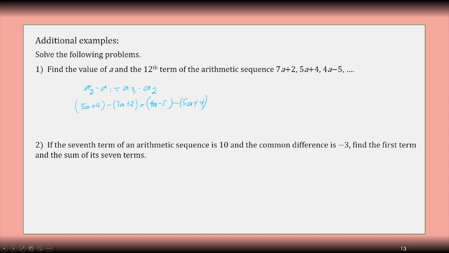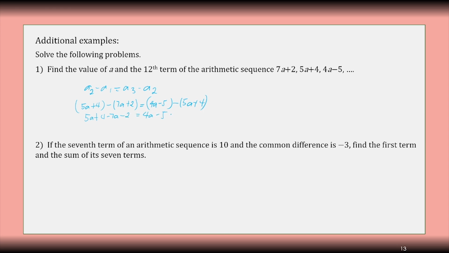Familiar na kayo sa polynomial, mas mabilis naman siya kung direct subtraction na tayo. O kaya naman, kung sanay kayo ay dinidistribute. Sige, didistribute muna natin. 5a plus 4, negative times 7a is negative 7a minus 2 is equals to 4a minus 5.